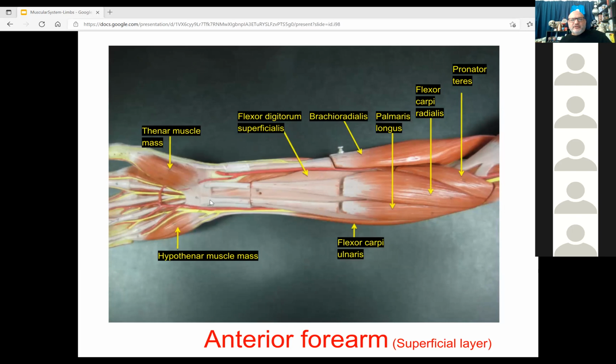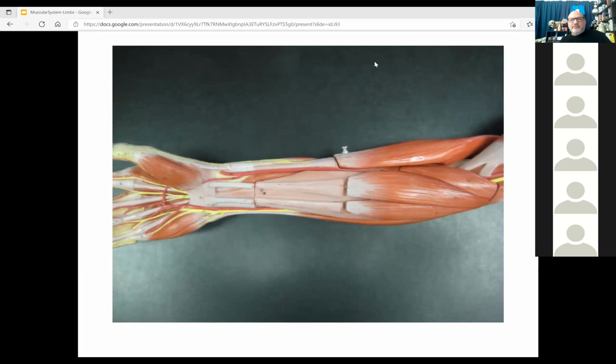And they don't show it on this one, but here is the flexor retinaculum. So like I said, as scary as the forearm may look, as long as you follow those rules, find your starting point, follow the tendons, it will tell you everything about them.